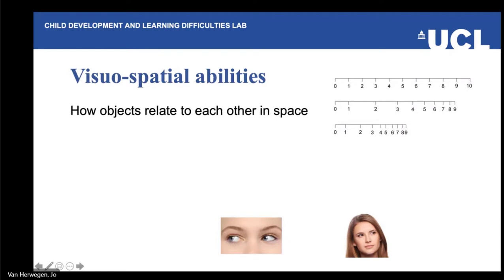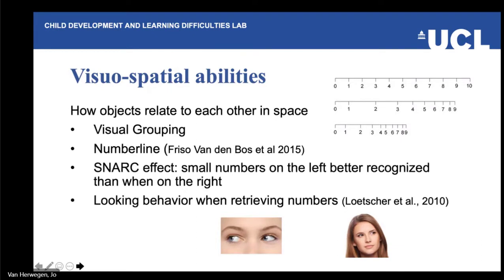animations, this didn't work because this is what I wanted to show you. So when people are thinking about numbers, they will look at the top left corner when they're thinking about small numbers, and people tend to look in the right corner when they think about large numbers. So if you say, think about 110, people might look at that right corner. If you say, think about number 5, people might look more towards the left.